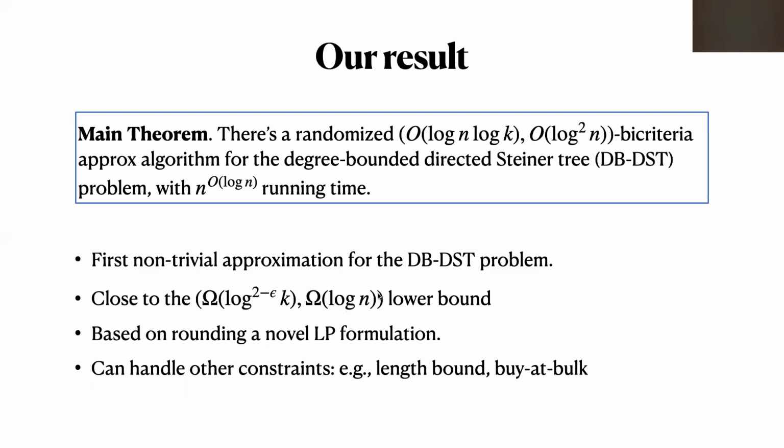And there is an omega log n lower bound on the degree violation, and this is by a simple reduction from set cover. Our algorithm is based on rounding a novel LP formulation, and our algorithm can be generalized to handle constraints other than the degree bound.